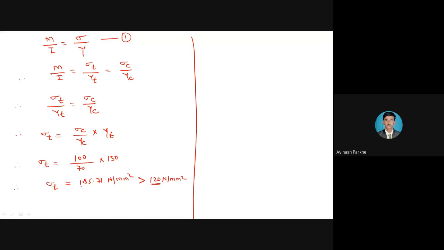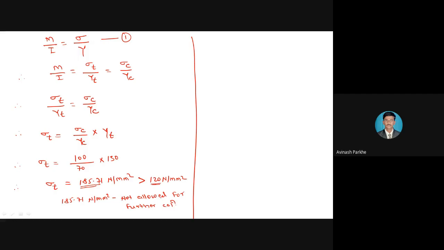But actual stress developed in that particular T section is 125. Therefore, this 185.71 Newton per mm square is not allowed for further calculation.